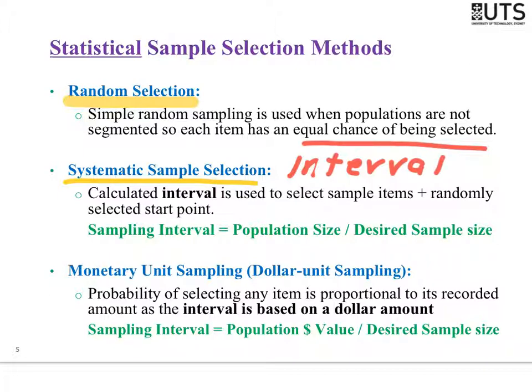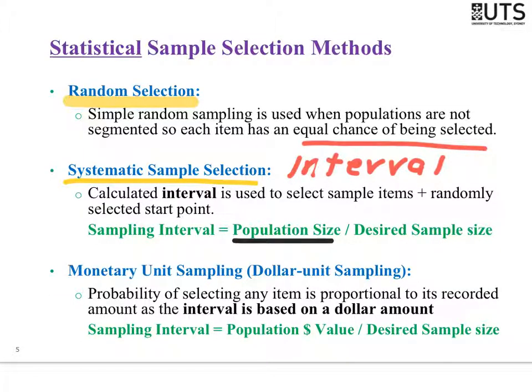Now, how it works, let me put some numbers with this so you can kind of make a connection for yourself. But essentially what happens in this particular case is we first take the population size. Now, what does that mean? It means that we take the total number of items in the population. So to provide you with context, say we're looking at our sales invoices.